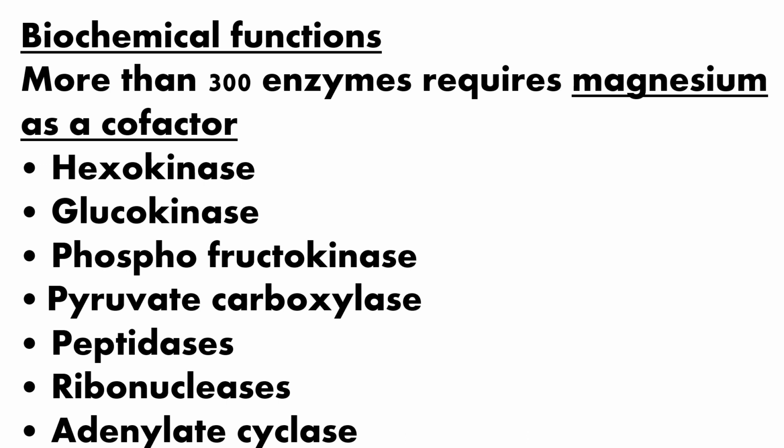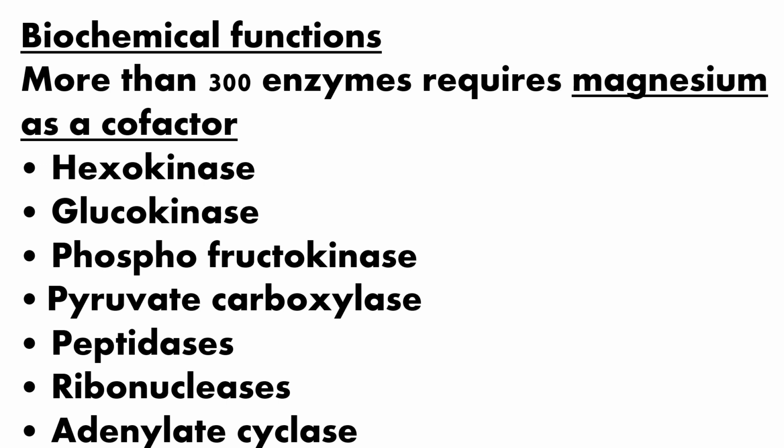Again, I will repeat, a cofactor is a metal ion which is attached to an enzyme, like hexokinase, glucokinase, phosphofructokinase, pyruvate carboxylase, peptidases, ribonucleases, and adenylate cyclase. So you can see very important enzymes: hexokinase, glucokinase, phosphofructokinase, and pyruvate carboxylase.